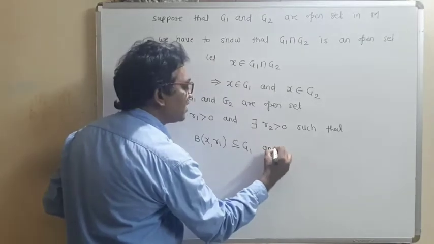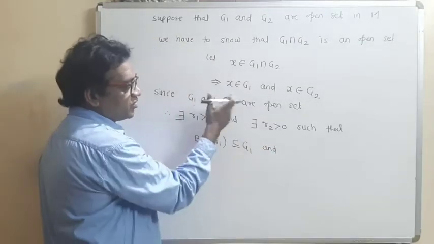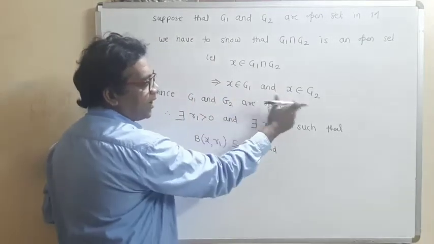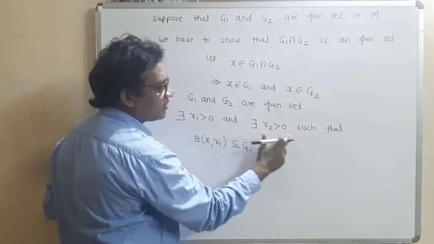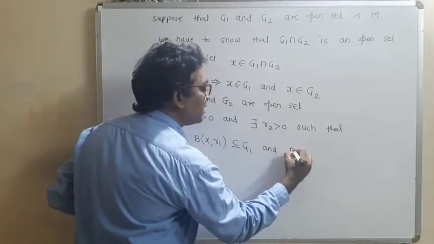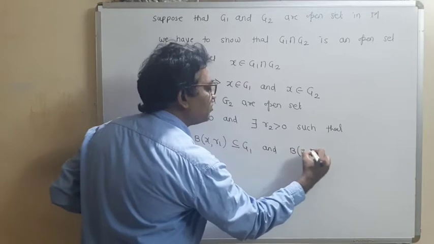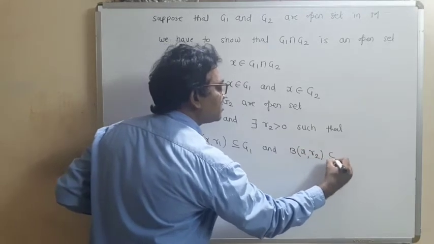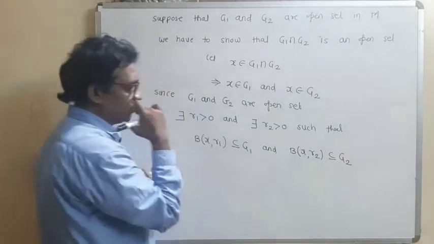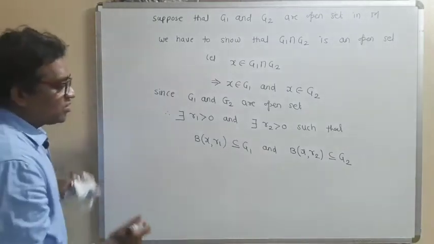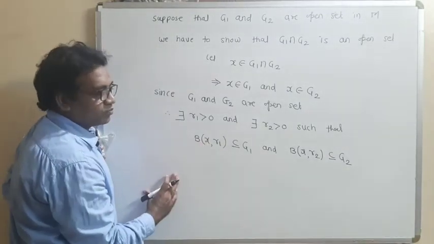The second condition: G2 is open means for X belonging to G2, there exists a radius R2 such that the open sphere B with center X and radius R2 is a subset of G2. This is the definition of an open set.